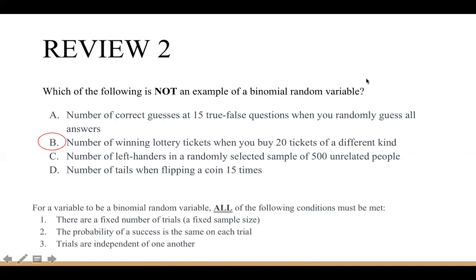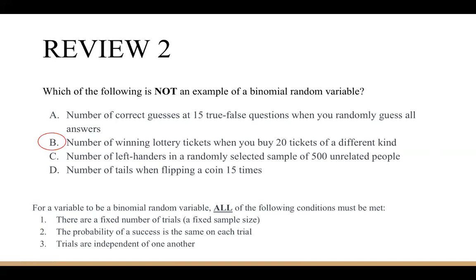And then when you go to C, since there are a fixed number of trials, so 500, it says unrelated people, so that means that they're independent of one another. And the probability of success is the same on each trial, because when you're comparing left and right hands, there's a 50% chance that someone will be left-handed, or a 50% chance someone will be right-handed.